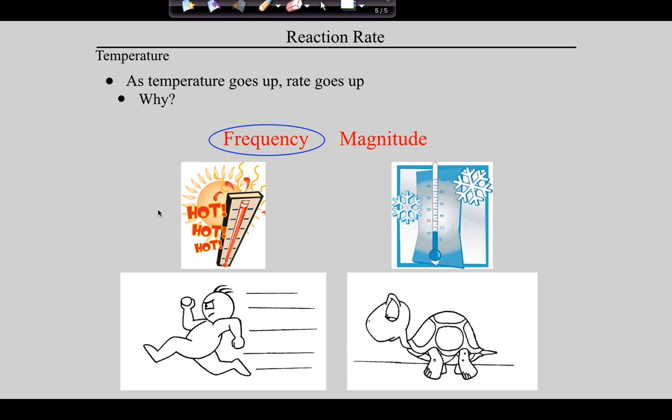Guys, it's both. And I will tell you right now, this is the only change that double dips. All the other changes that we're going to talk about affect one or the other, but not both. Temperature double dips. It affects the frequency and the magnitude of the collisions. You good on that? Next change.